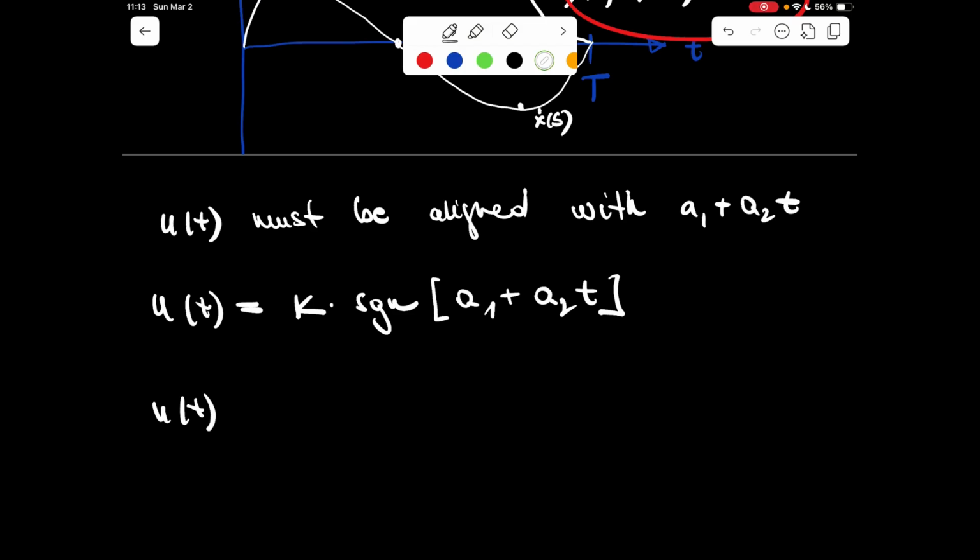So ut is plus or minus k, depending on the line being negative or positive.